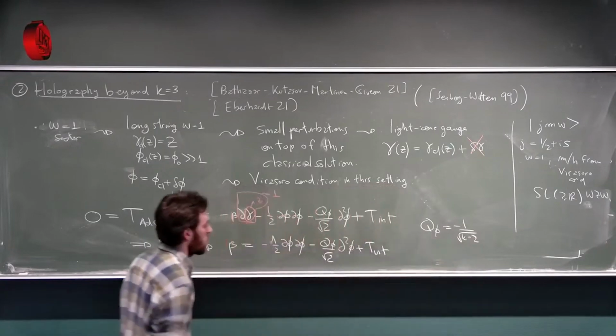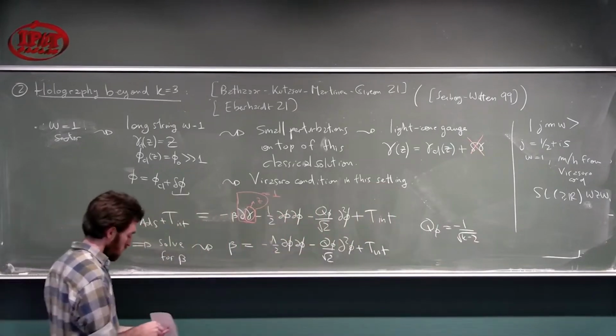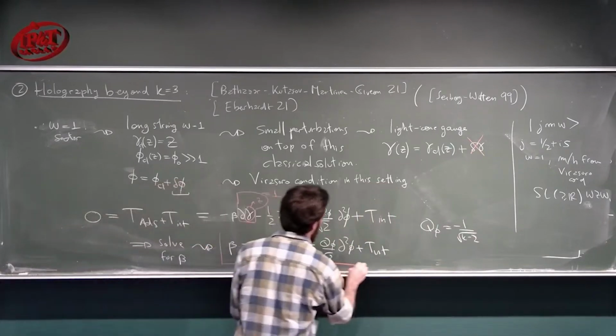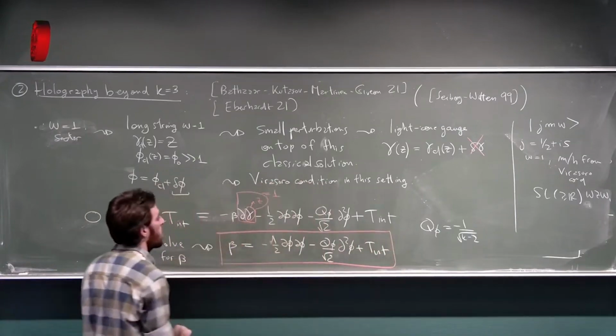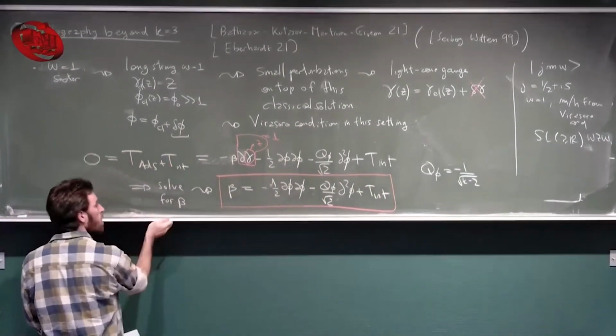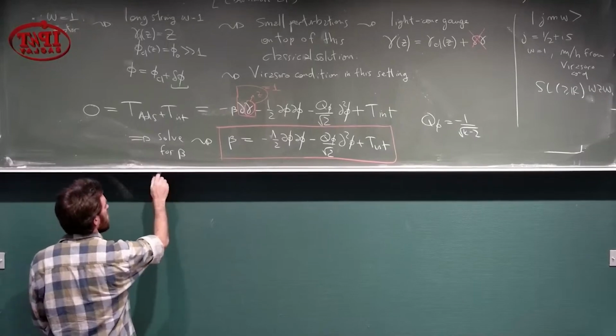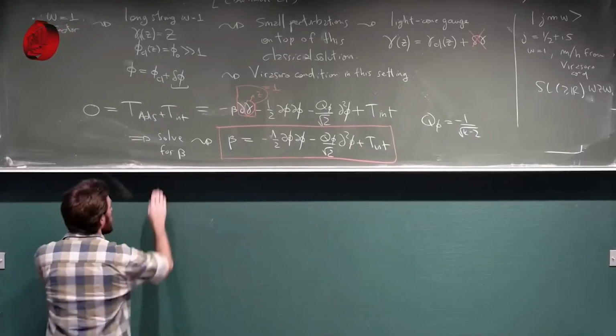And now I'm not setting k equals to 3. So this is my solution for beta in this. Okay, fine.